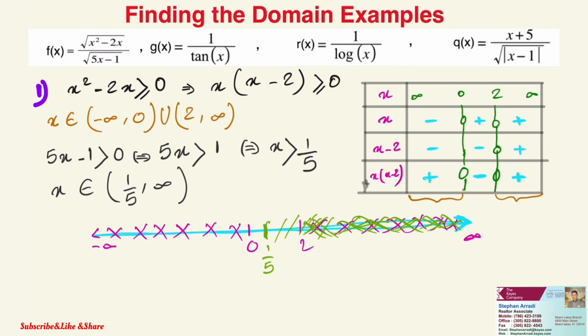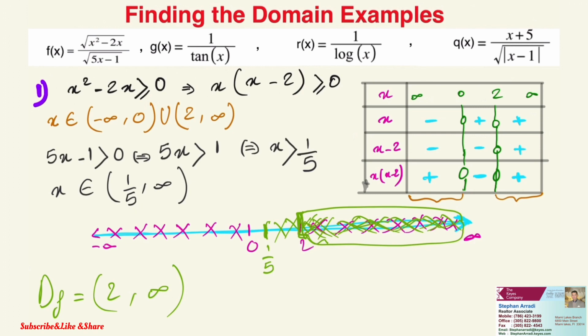From here we see the domain: it will be this part from here and go to infinity. Therefore the domain of f is equal to this, up to infinity. This is the answer.